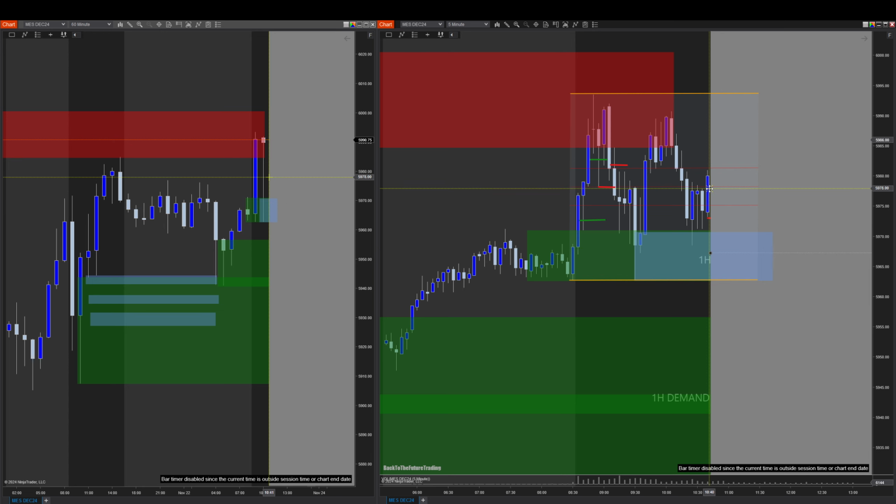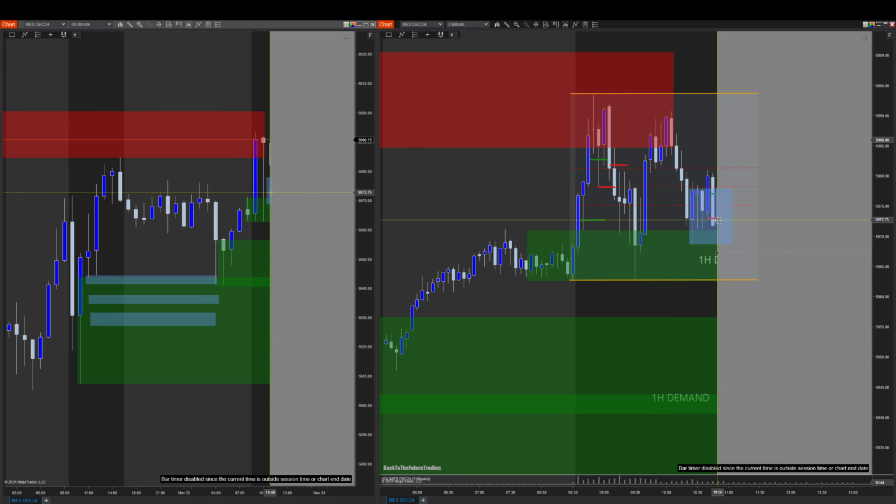This up candle from this low to here creates demand. Okay? So I'm going to buy this demand. But since we're in a range day, I keep my stop below this demand candle here. Because I'm not too confident the way the day is playing out, I'm not too confident in a continuation.